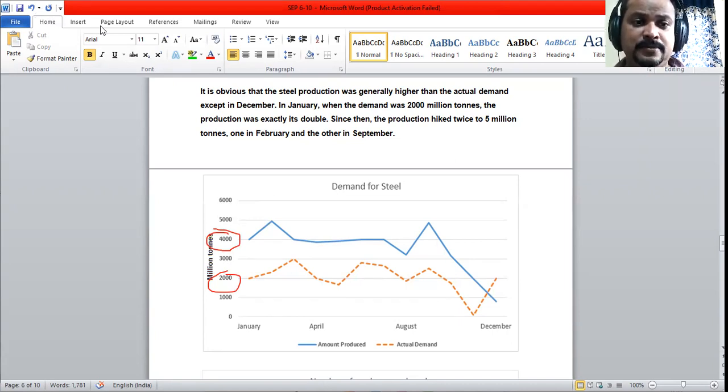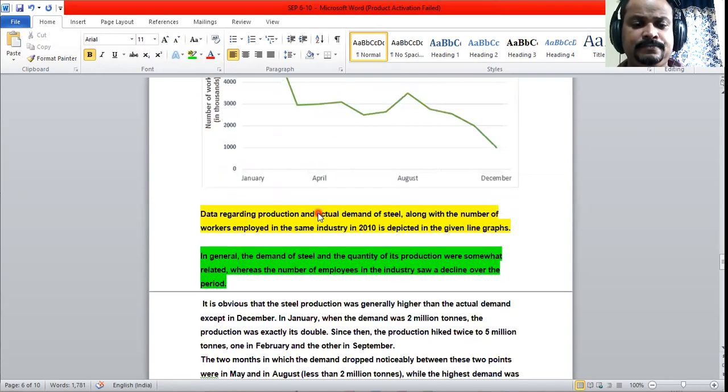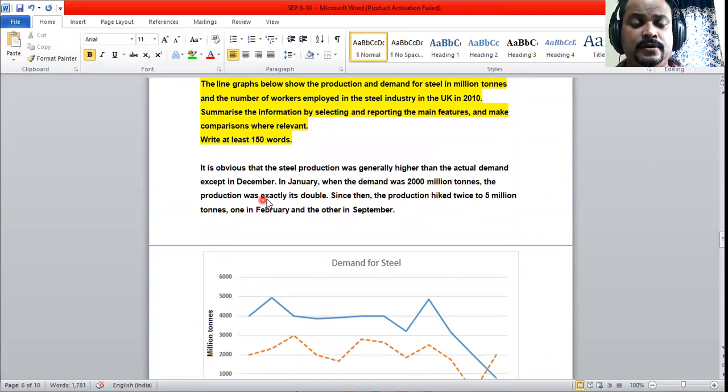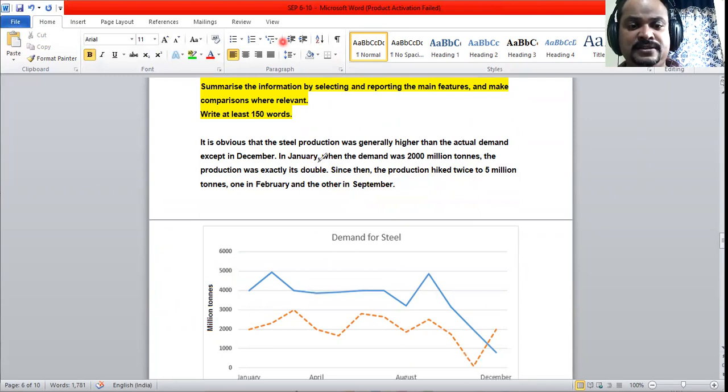Now if I go with the next particular data: since January, the production hiked twice to 5 million tons.